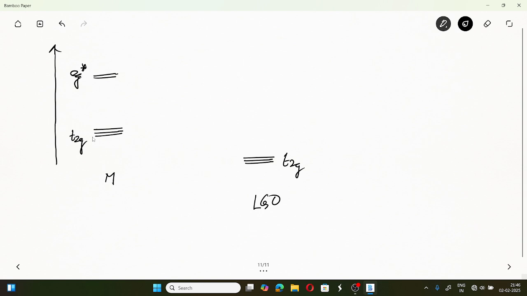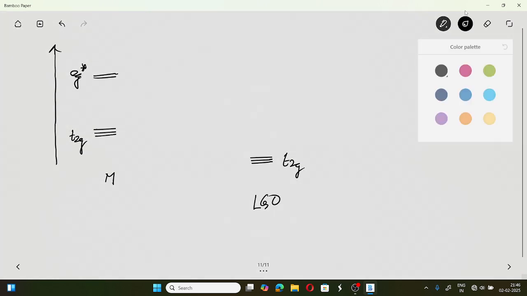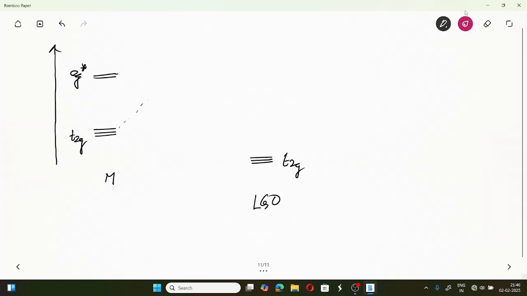Now what we have to do, we have to construct the molecular orbitals for pi bonding. That means, see, এই T2G আর এই T2G, দেখো, we can write like this.